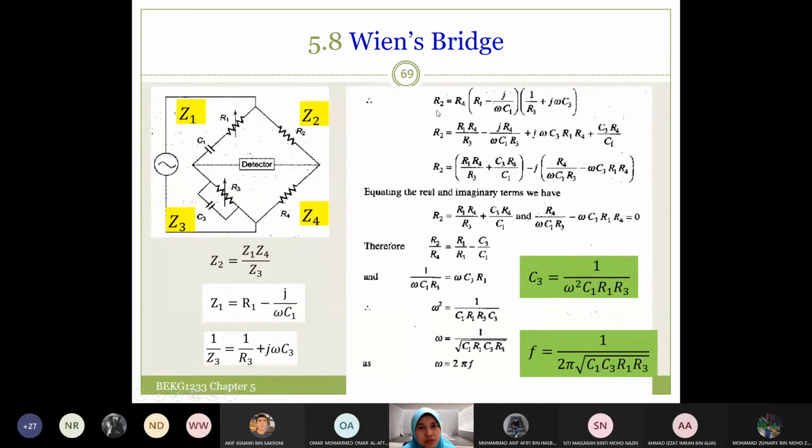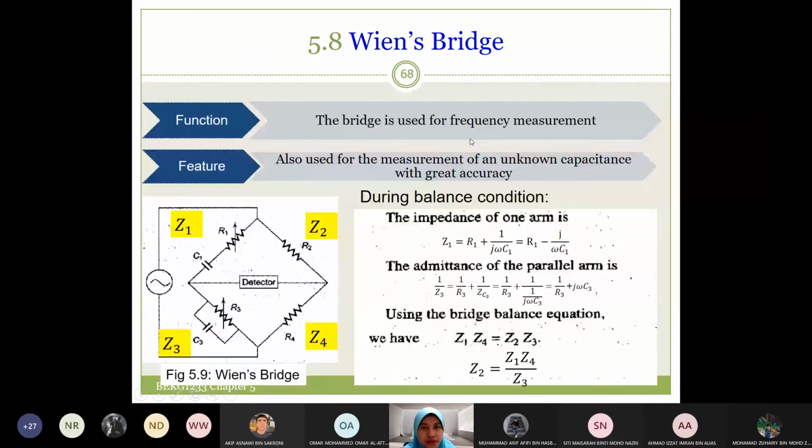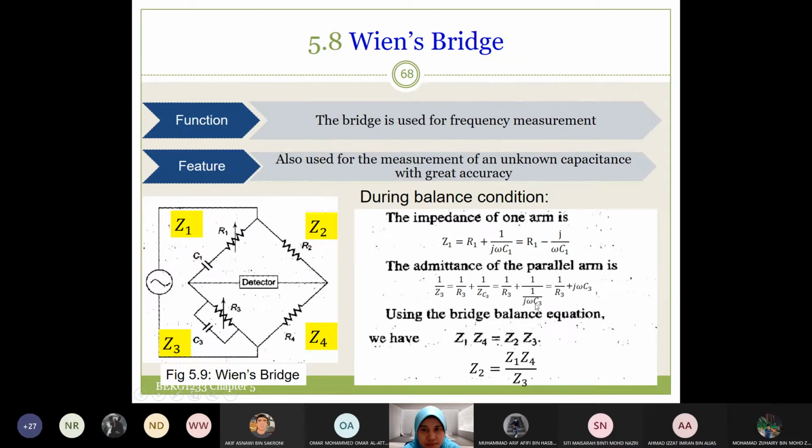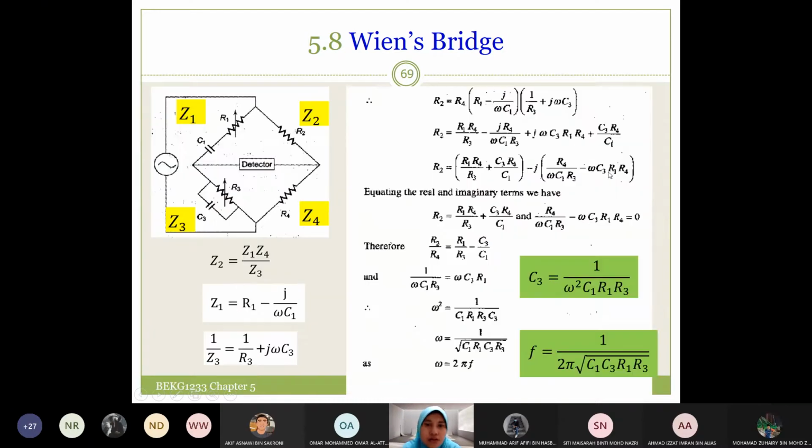So in this bridge we find frequency. In this bridge we find frequency. That's why the final formula has frequency as well as C3, to measure unknown capacitance.